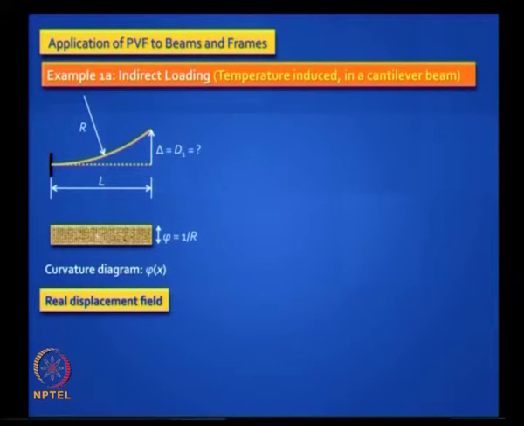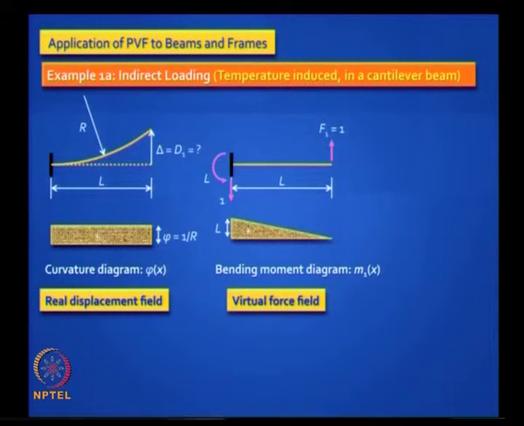And please note, in these applications we use the word principle of virtual forces, because your force field is virtual and you are imagining, you are constructing, you are cooking up an imaginary force field to help you find an unknown displacement.